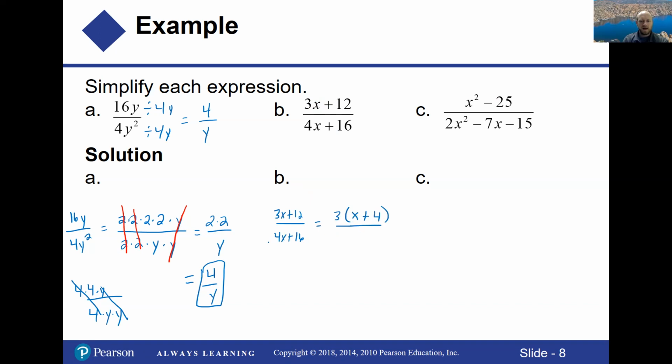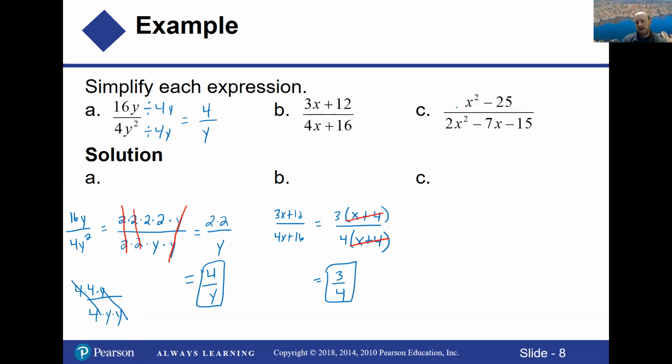And on the bottom, I can factor out a 4, and I have x plus 4 again. We recognize that the x plus 4s are the same thing, so I can cancel out that common factor, and I'm simply left with 3/4 in this case.